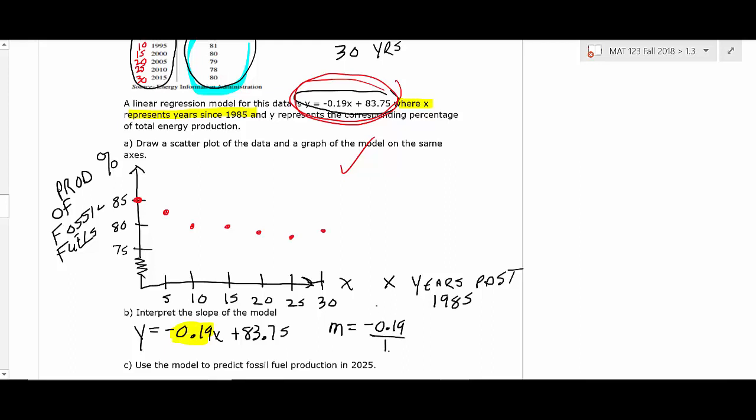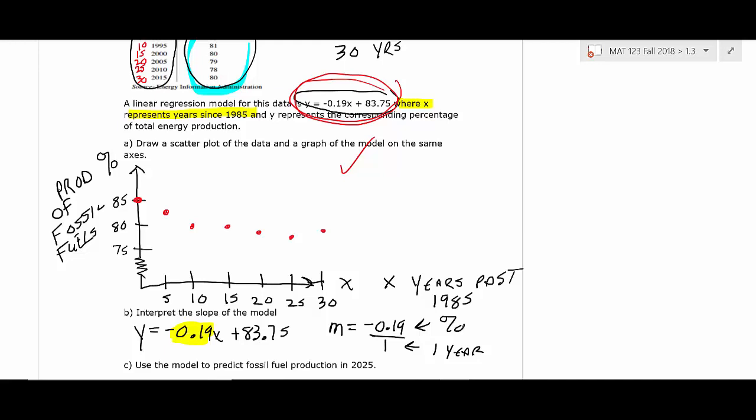Yes, it's rise over run, but what this means is that X is years, so that would be in one year, and this is the percentage. This graph is sloping downwards, which is why you have a negative slope. So what this means is, every time a year goes by, what's happening?